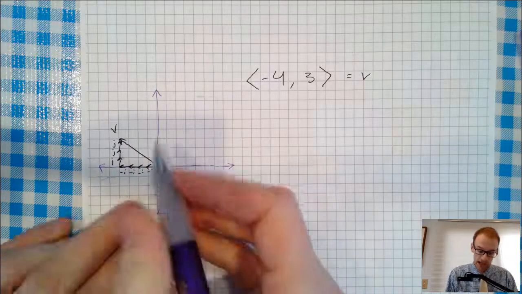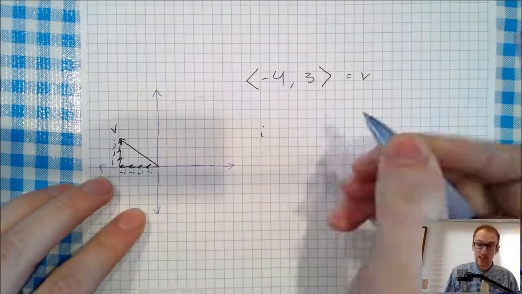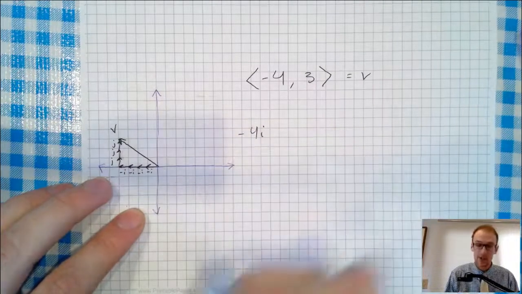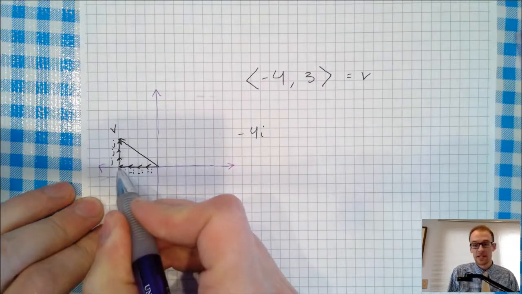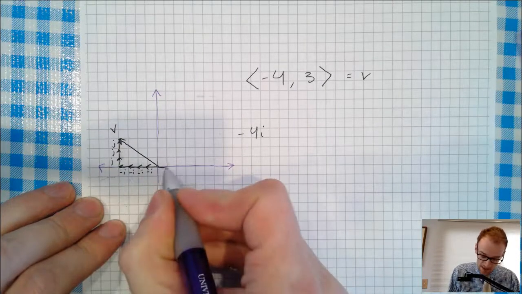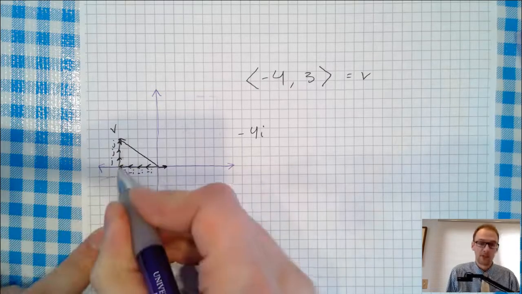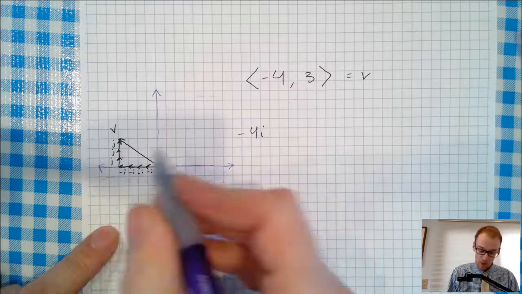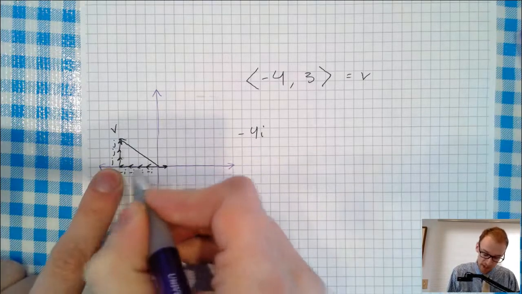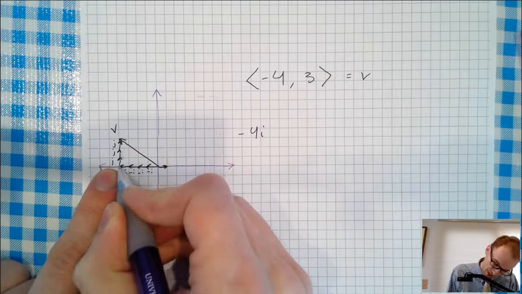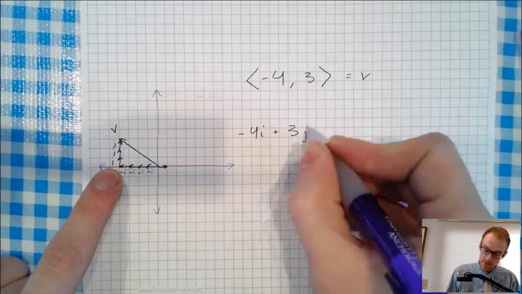So how do I compile -4 i's? Well, I take i and I multiply it by -4. That will give me this vector right here that goes -4 in the x direction, right? If I take this i vector, multiply it by -4, it's going to get me all the way over to here. Now what? Since I've gone -4i, from that endpoint I want to go +3j, so add 3 times the vector j.